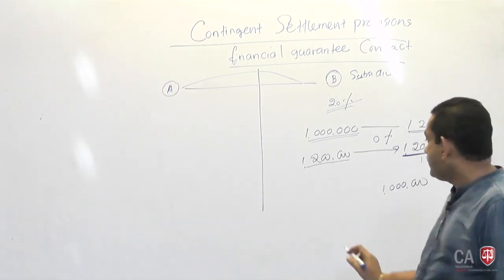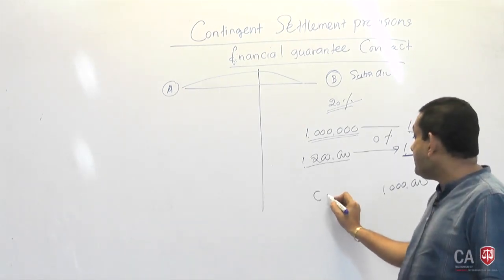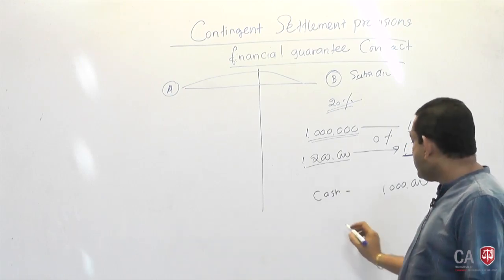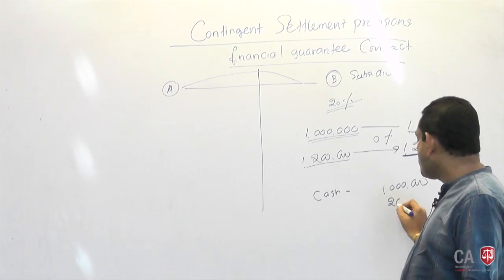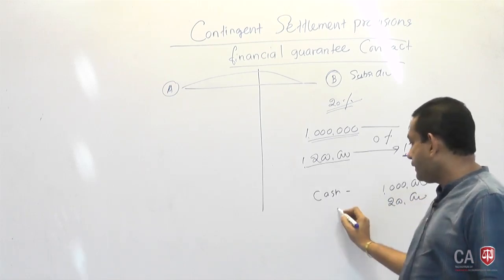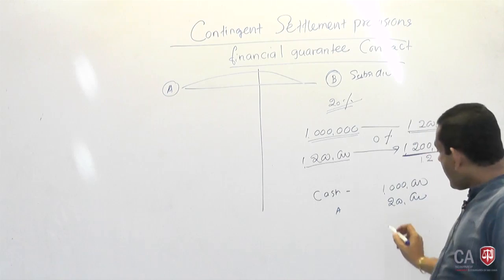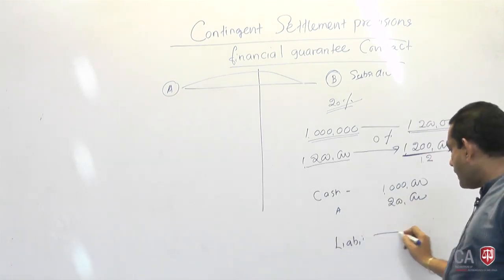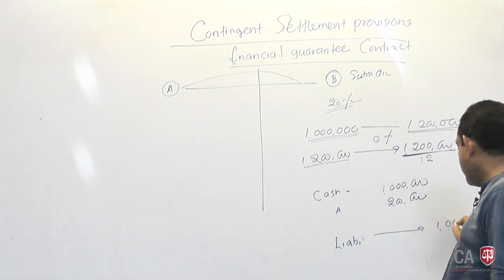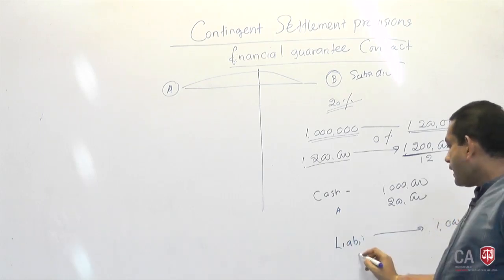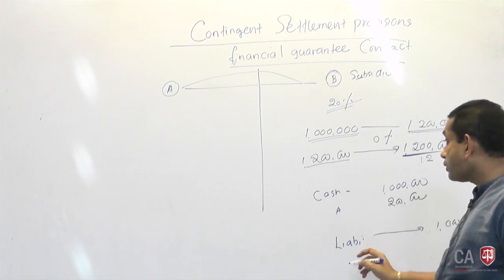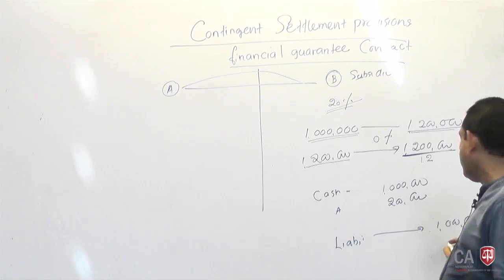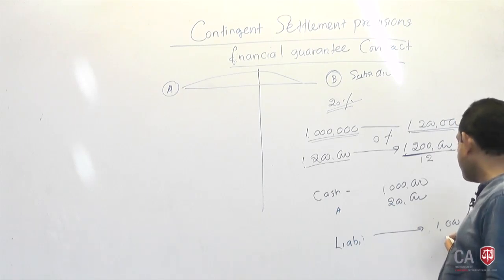What is it looking like? That's like company B receiving 1 million rupees from the bank, and it's like company B receiving 200,000 rupees from company A. The 1 million received from the bank should be credited to liability account, and the 200,000 which they collected from company A should be credited where?